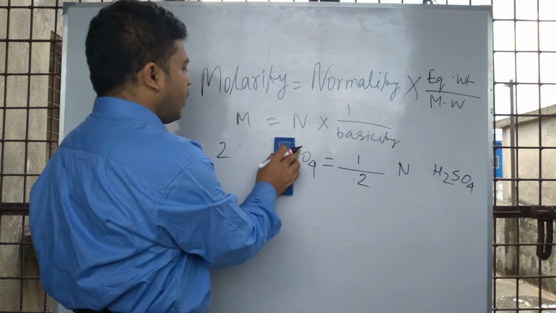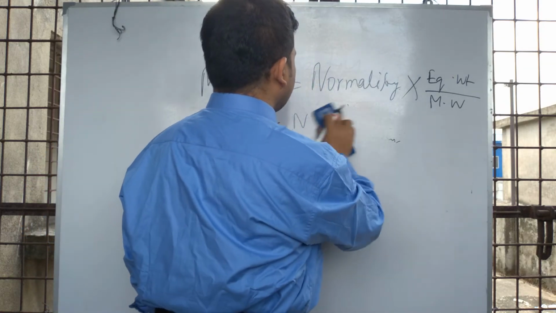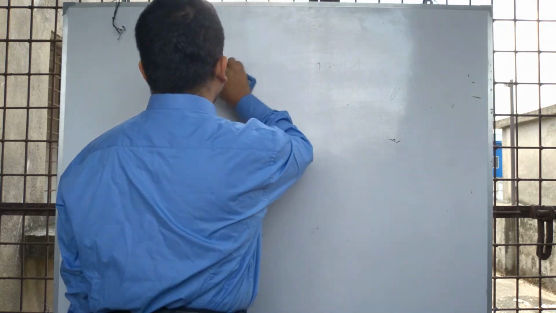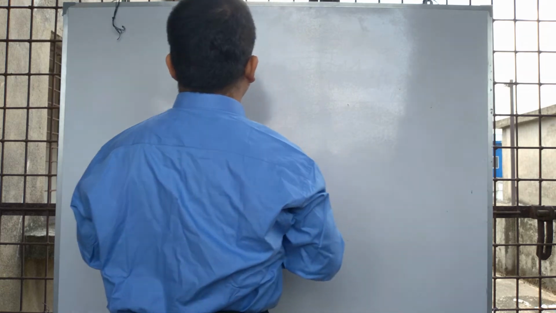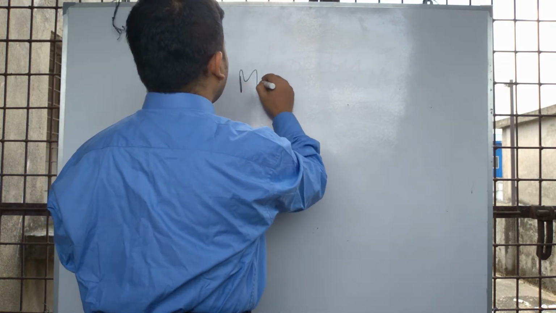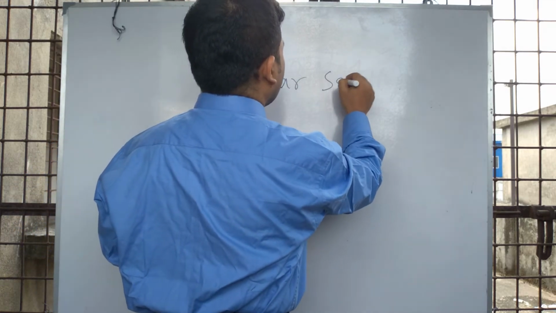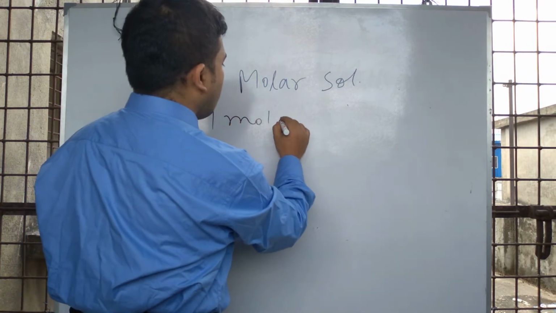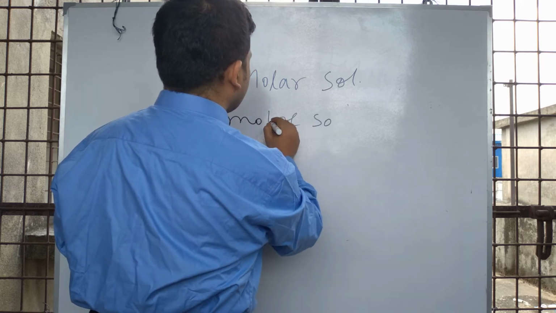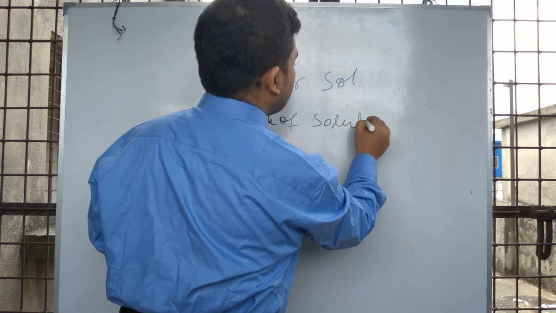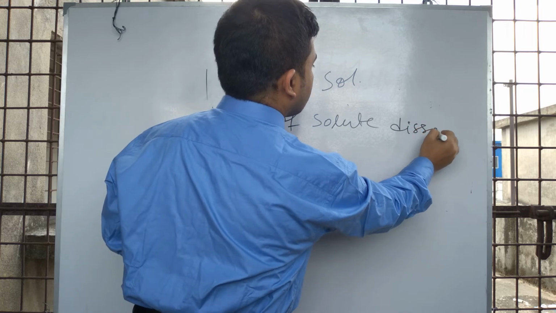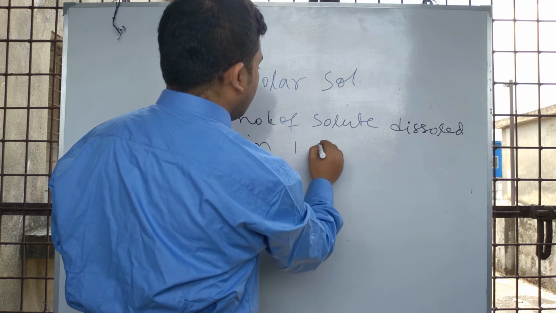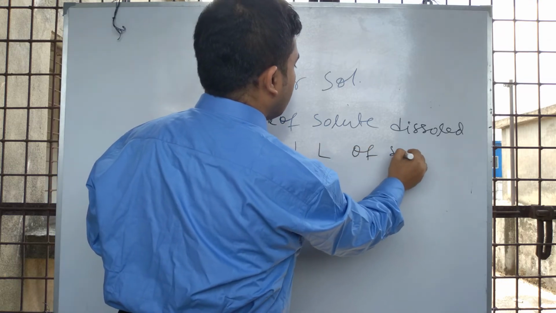Now we discuss the topic: what is defined by a 1 molar solution. A 1 molar solution means 1 mole of solute dissolved in 1 liter of solution.